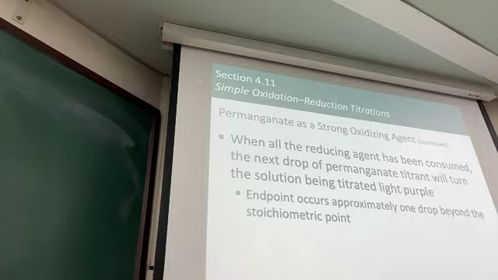C oxidizing times volume oxidizing is C reducing times volume reducing. Then you can determine this concentration by measuring how much oxidant you needed, how much reducing volume you prepared, and the concentration of your oxidizing solution. So that's the basic idea here.